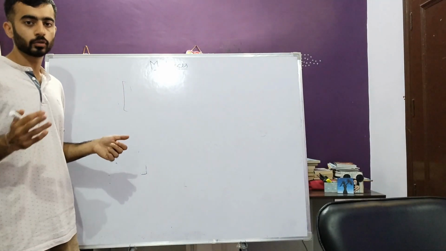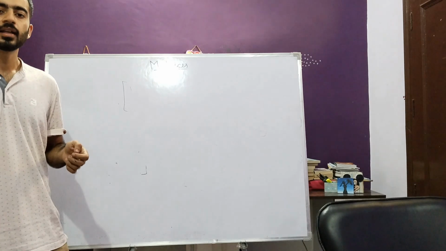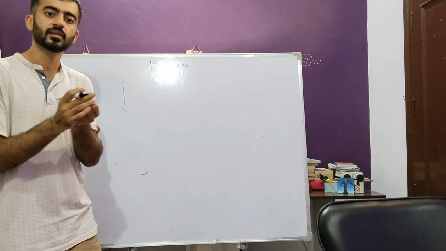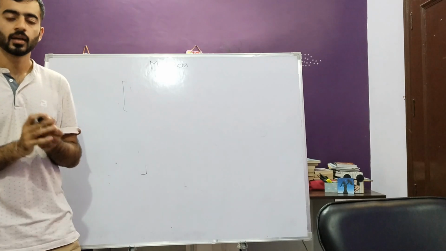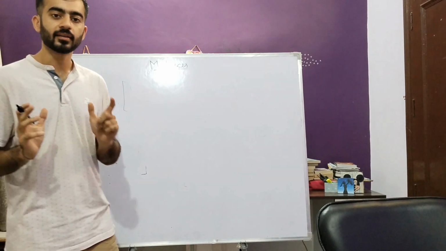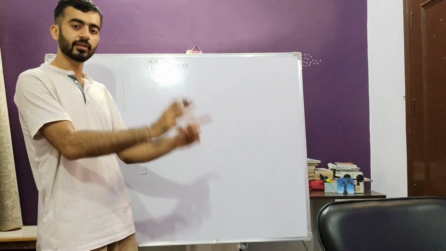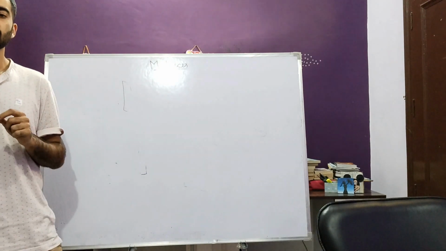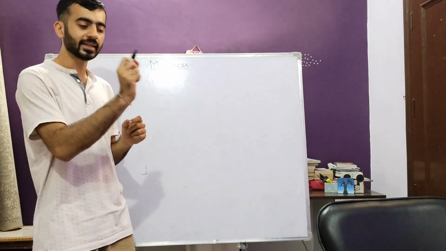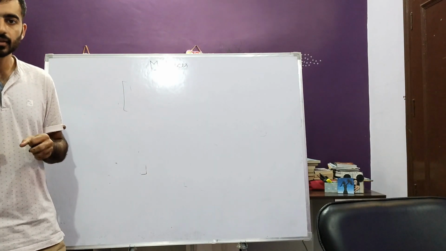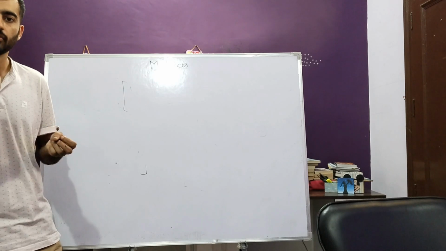Now as I told you about the diagonal matrix, we will talk about identity matrix. Identity matrix is a subset of diagonal matrix. Every identity matrix is a diagonal matrix, but every diagonal matrix is not an identity matrix. The only difference between identity matrix and diagonal matrix is that in identity matrix the diagonal elements are 1.